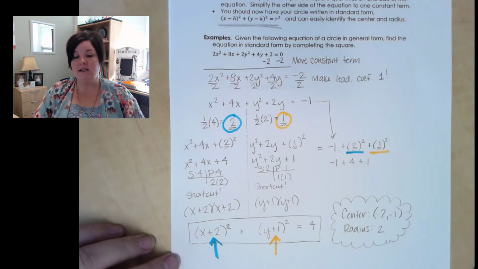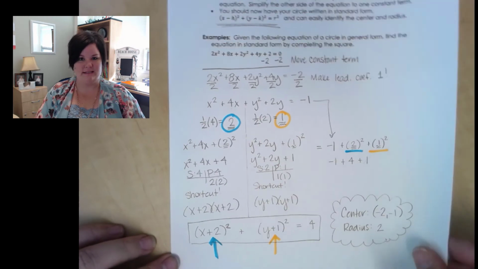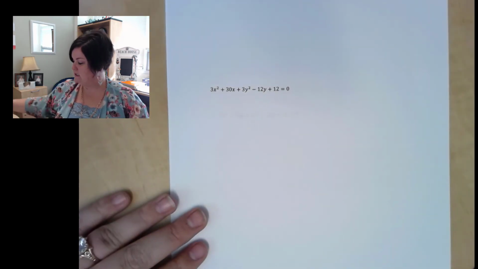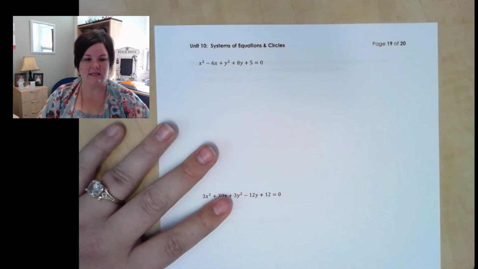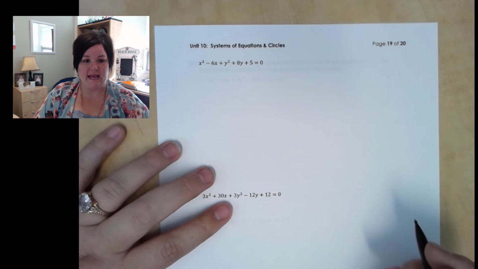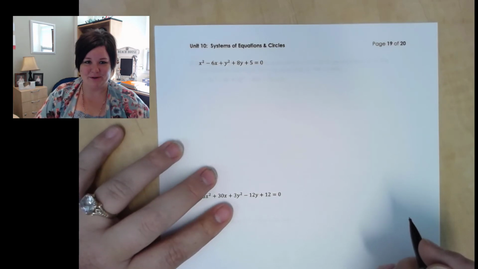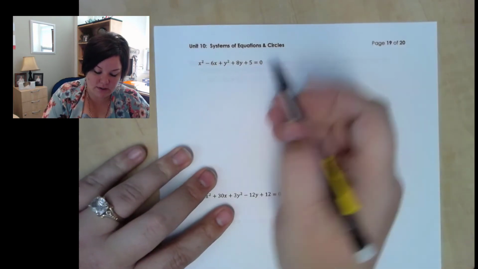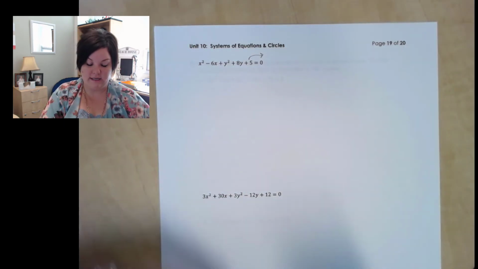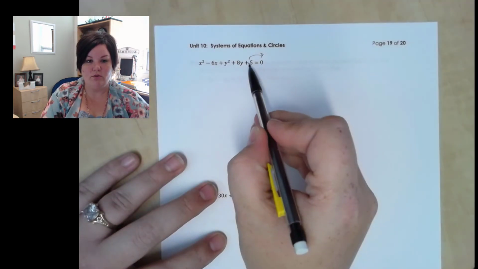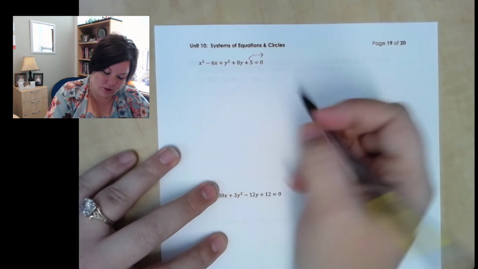All right, so let's look at another one. Same idea, but this time using kind of our condensed shortened version. So we have x squared minus 6x plus y squared plus 8y plus 5 equals 0. First thing I want to do is move that constant to the other side. And notice it is being added. So when I move it over, I'll move it over with subtraction.